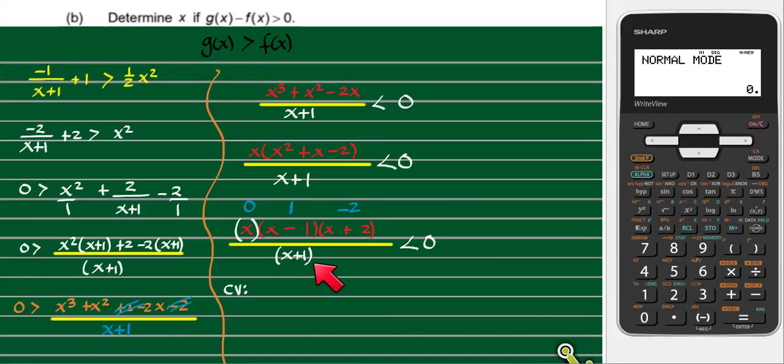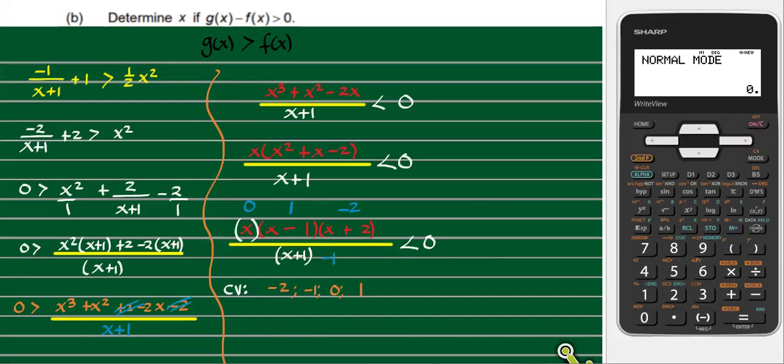When I solve x plus 1, I get a minus 1. So if I write my critical values in order, it's minus 2, minus 1, I got 0, I've got 1. 1, 2, 3, 4 values.